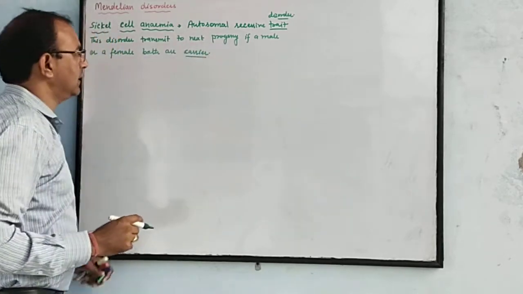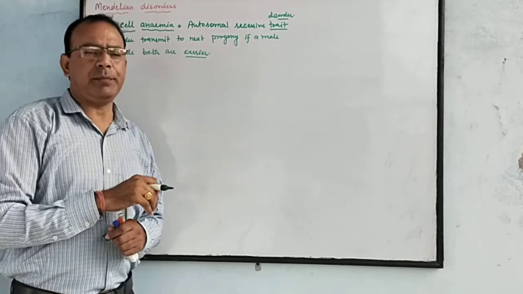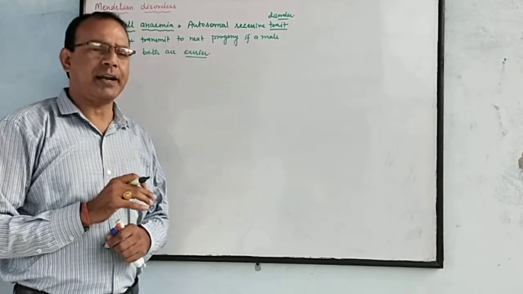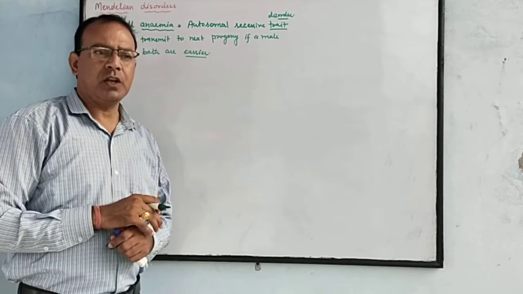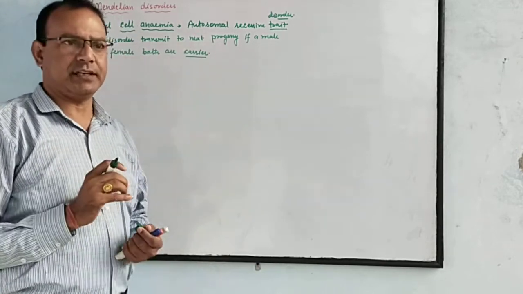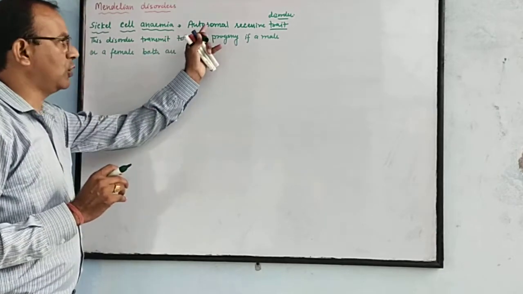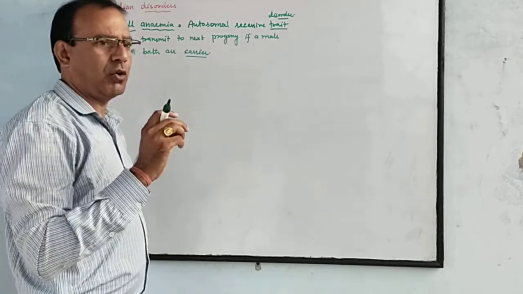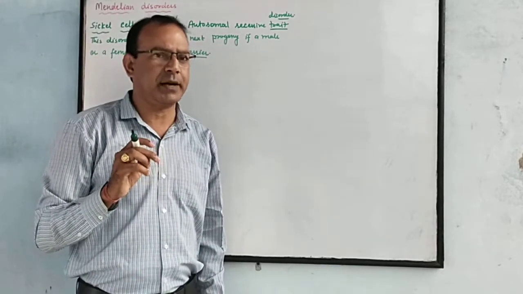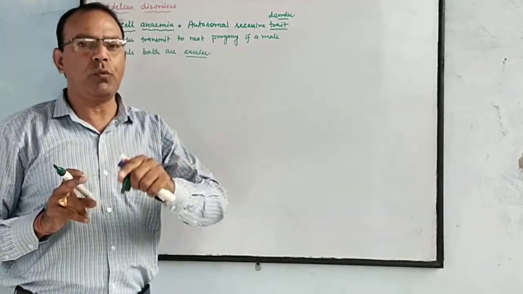What happens in this disorder? We know that in the beta hemoglobin chain there is a chain of amino acids. At the sixth position, glutamic acid is present. But due to some autosomal recessive trait, one change occurs: A is replaced by U, which means glutamic acid changes into valine.